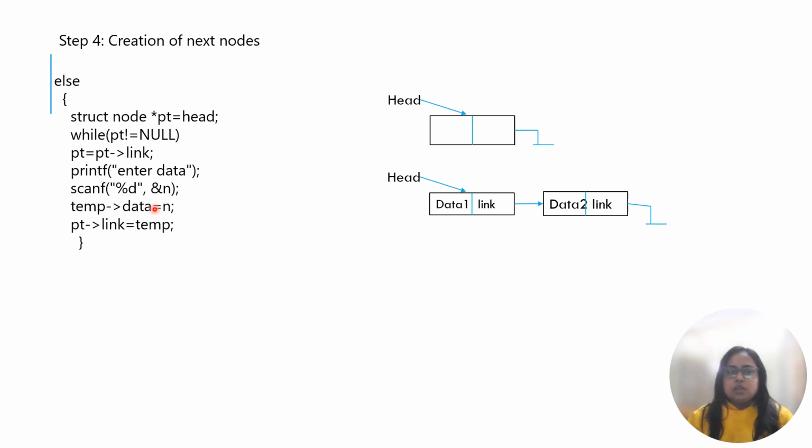Temp is our node, using temp we have created the blank node, so temp data will be n. And pt is here, suppose you have the first node, and pt link will point to temp.